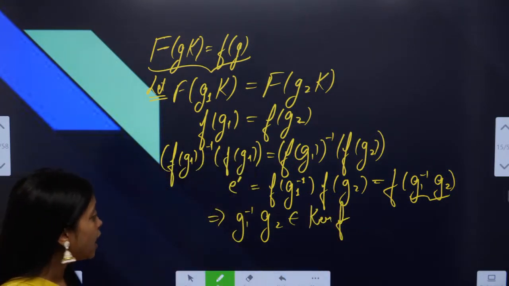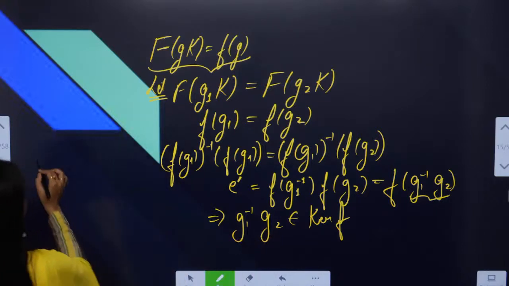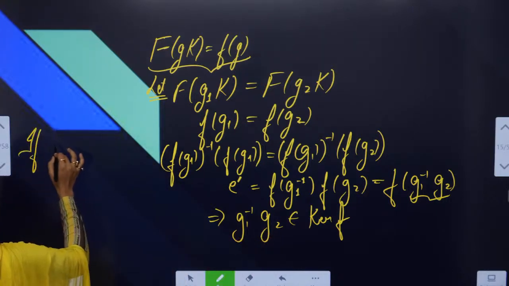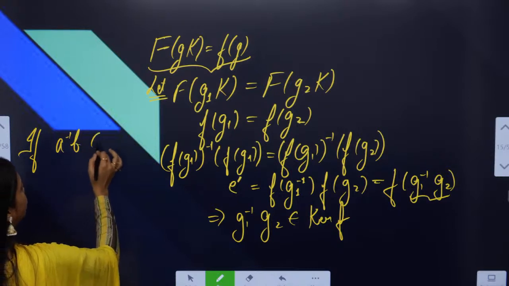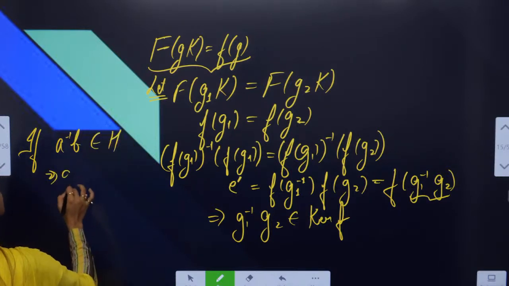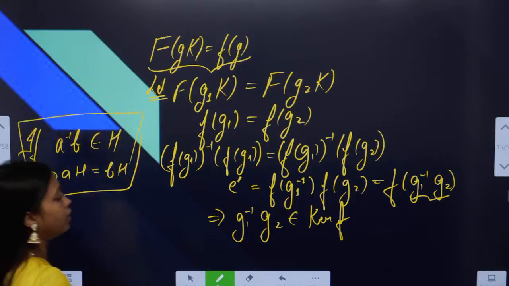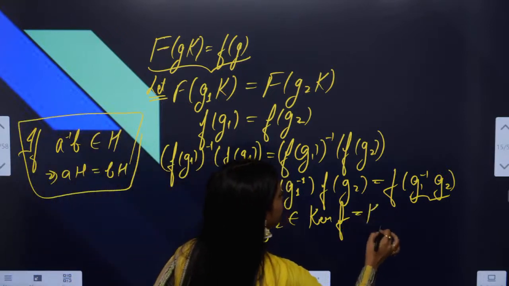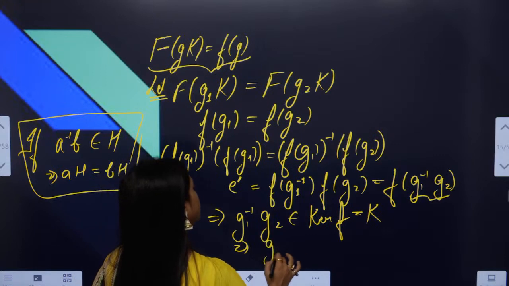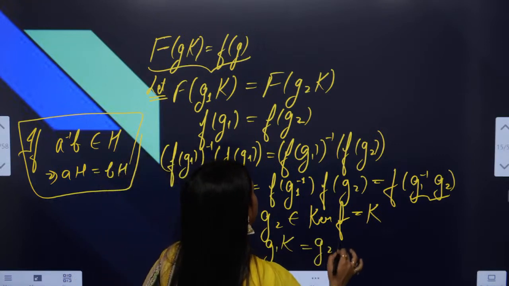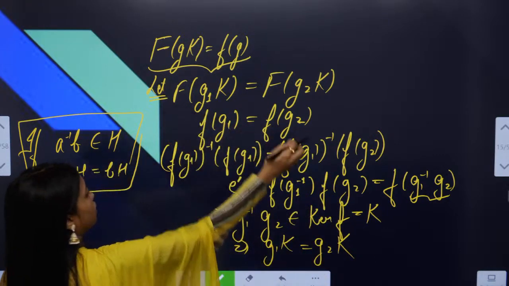After that, we have a result: if A inverse B belongs to H, it implies AH equals BH. That is what is required. So, the kernel of f is actually K. So, it implies g1K equals g2K, and 1-1 is proved.